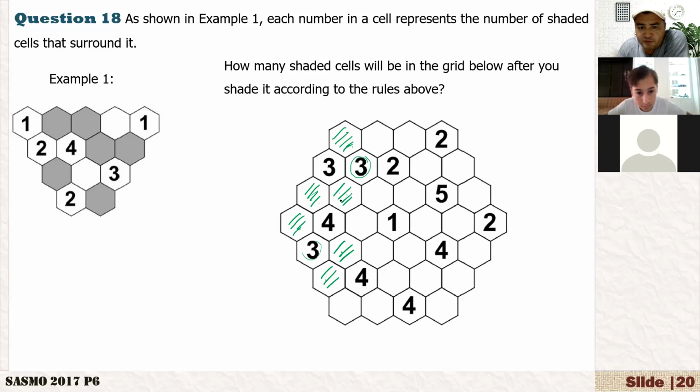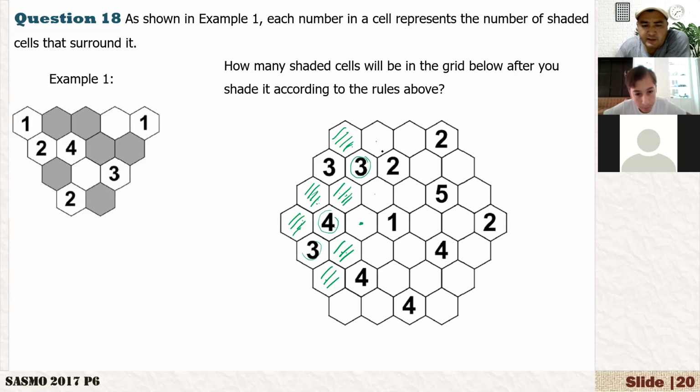It is touching 1, 2, 3, and this 4 is already touching 4 shaded hexagons, 1, 2, 3, 4. So I must leave it empty. All right. And how about this one? We will think about this later. This 3, either the top or the bottom.